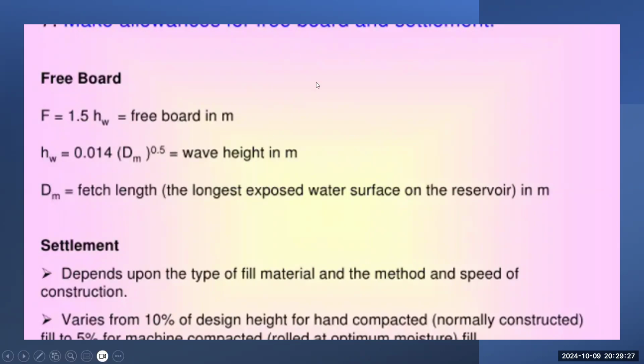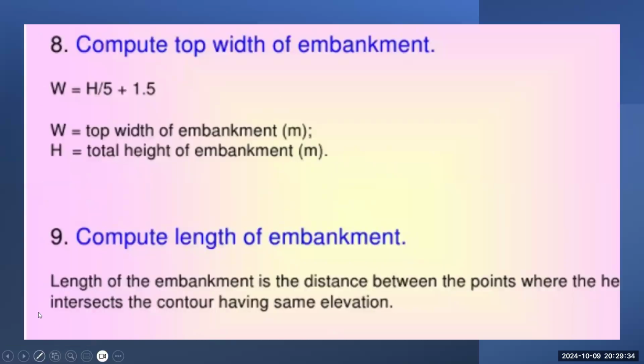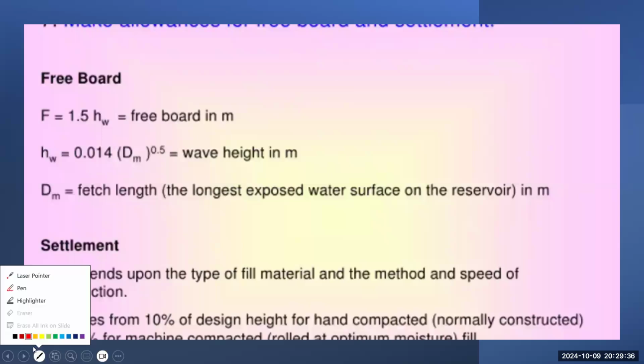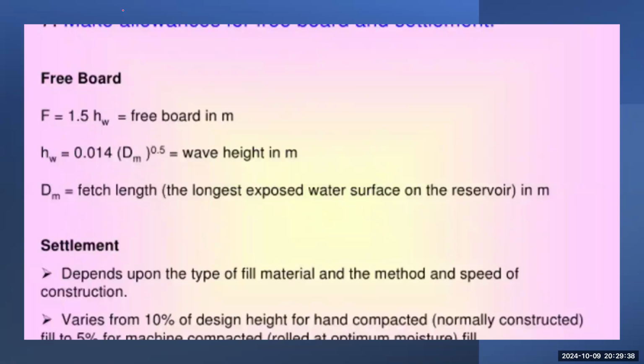Fetch length means, if there is a reservoir and an earthen embankment, suppose this is the earthen embankment, and behind that this pool of water is created. So from this dam wall, what is the longest distance? That is called the fetch length.